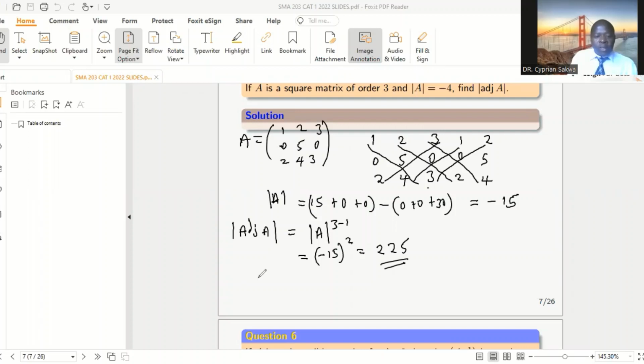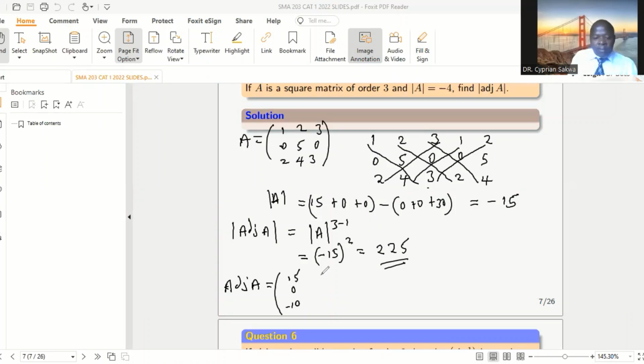Of course, we had gotten the adjoint. You can try and find what its determinant is. We had found the adjoint of this matrix from the previous example. It was 15, 0, 15, 0, there was a 10, negative 10 here. Yes.